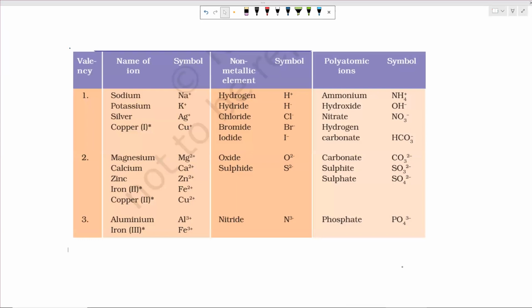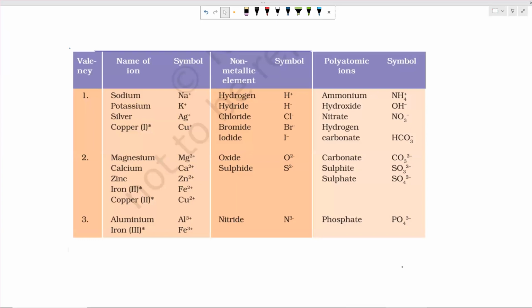Just give me a minute. So this is the chart.